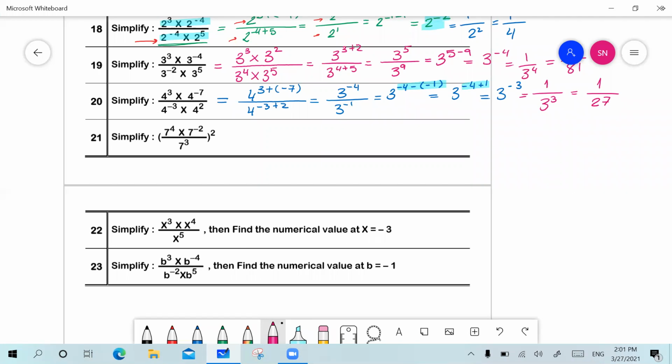Okay, let's go now for number 21. 7 to the power of 4 times 7 to the power of -2 over 7 to the power of 3, all raised to the power of 2.